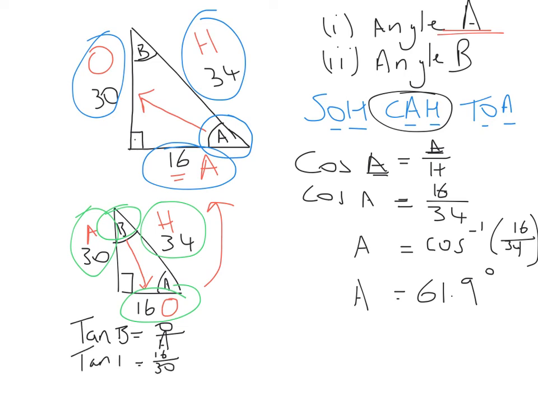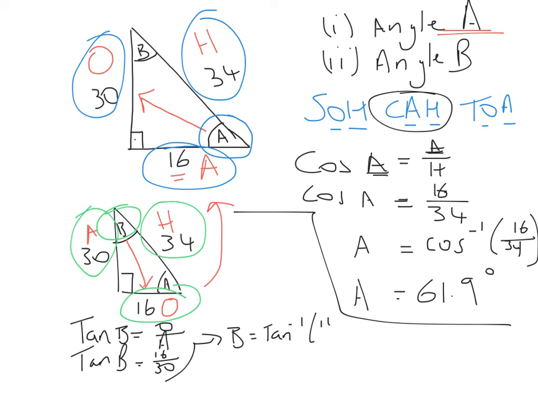And then we ask ourselves, okay, well, what's the opposite of tan? Well, it's going to be tan inverse. So B is equal to tan inverse 16 over 30. And that is going to give us B is equal to 28.1, and again that's rounded to 1 decimal place.